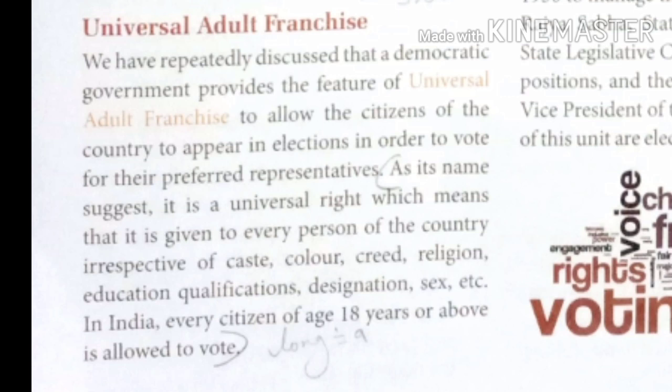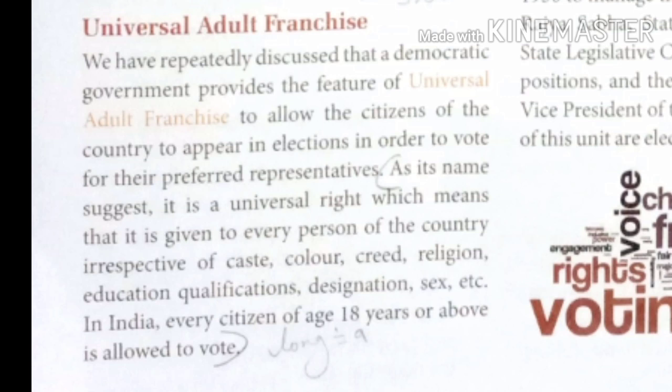Universal adult franchise allows citizens to take part in the elections and cast their vote to choose the representative they prefer.